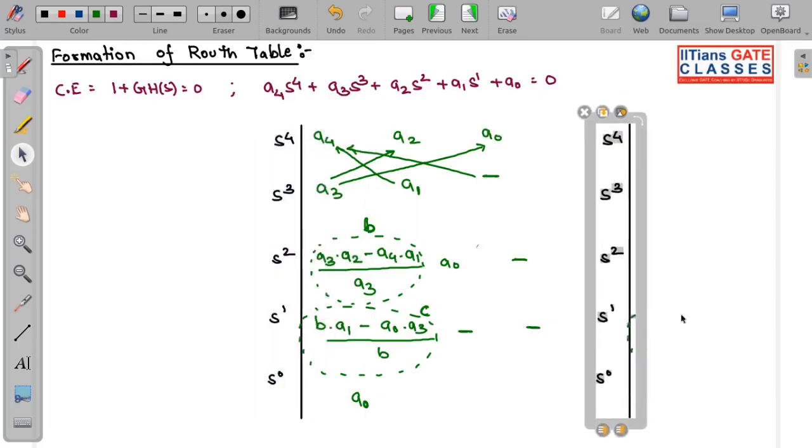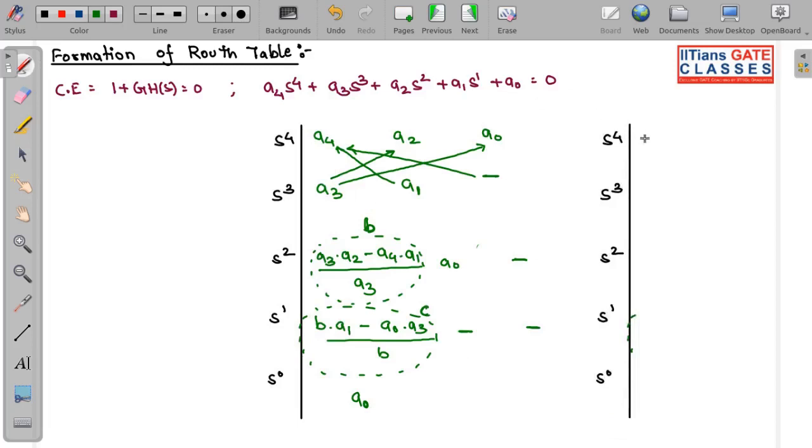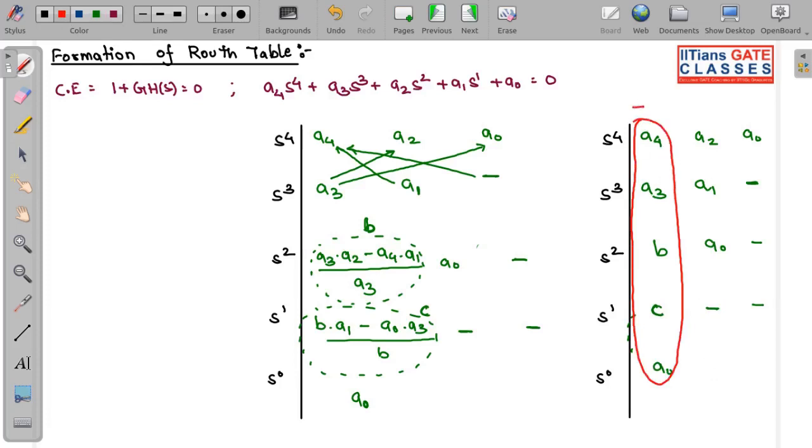Over here I will rewrite the table: a4, a2, a0, a3, a1, blank, and over here we have b, a0, blank, over here we have c, blank, blank, and last we have a0. For the Routh table to be stable, all the elements of the first column should have the same sign, either all positive or all negative.